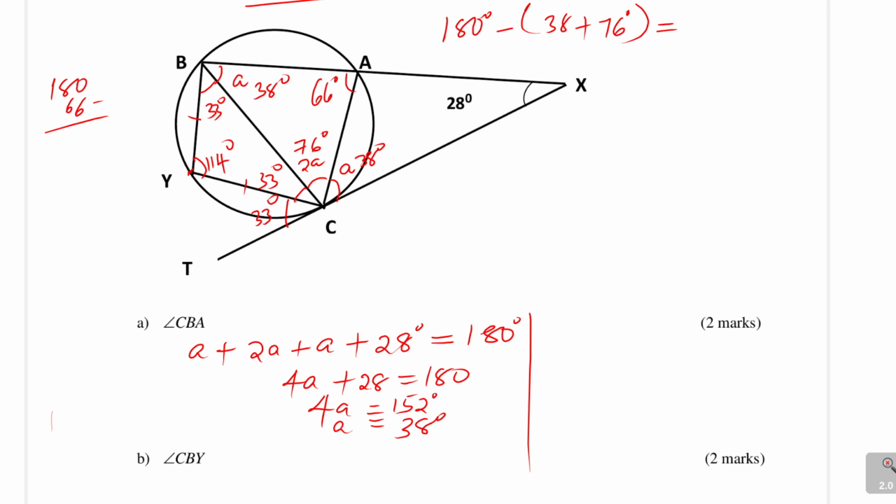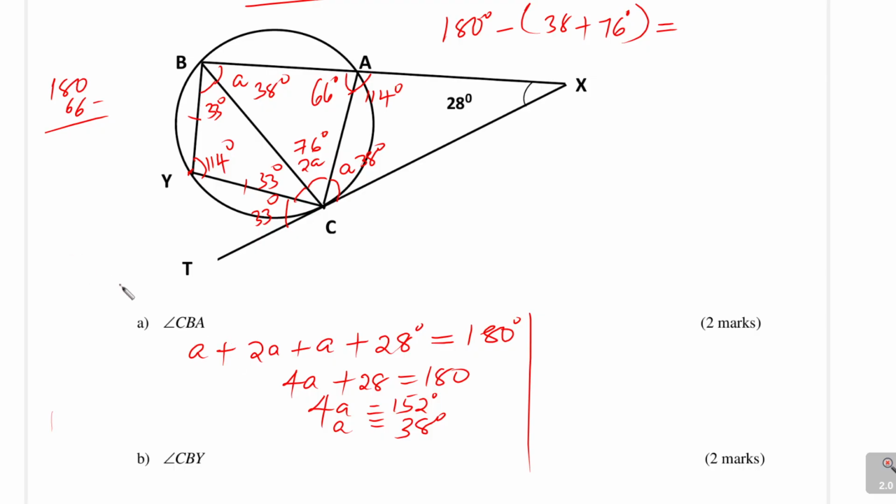So this angle here should be 114. What have I used to get that? This is a triangle, and the sum of angles in a triangle should give 180. Now, after filling everything, now we can go to the questions. We have used all the properties that we know, and we filled all the angles. So we go to the question.